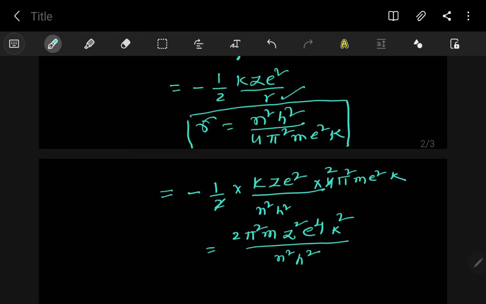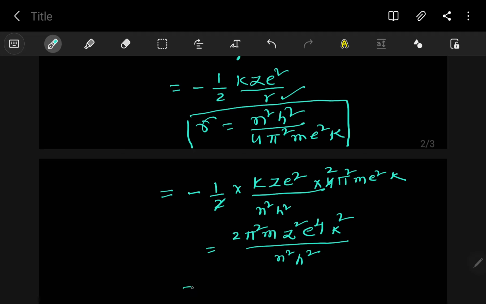So that is about this one. Here what we are writing is 4 pi square m e to the power of 4 k square, with n square h square by 2 pi square m z square e to the power of 4 k square.